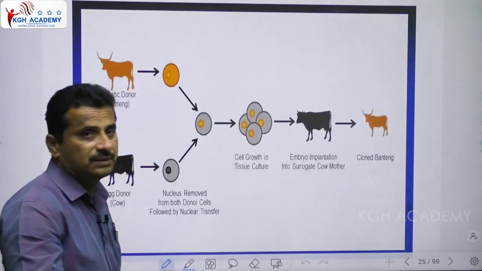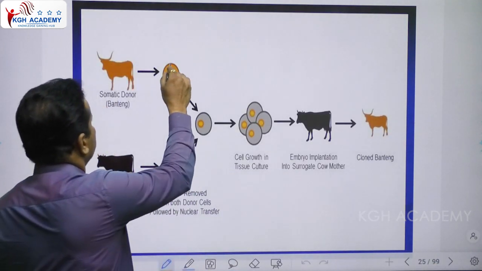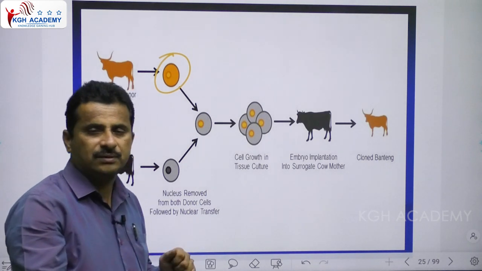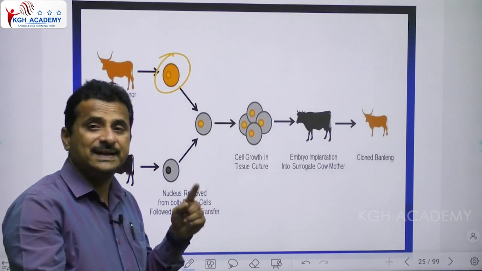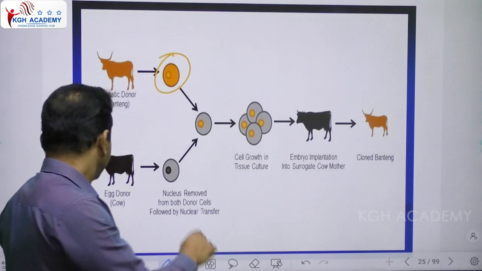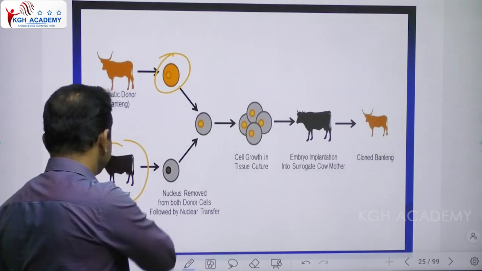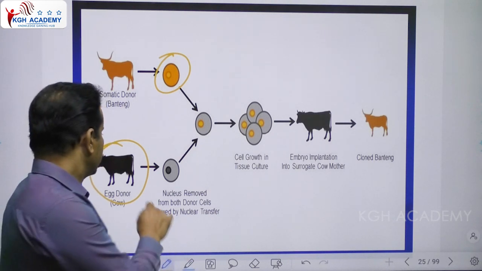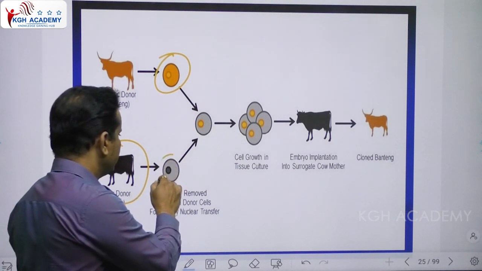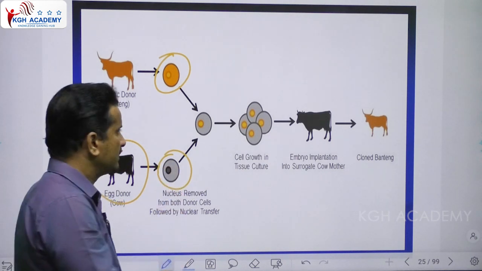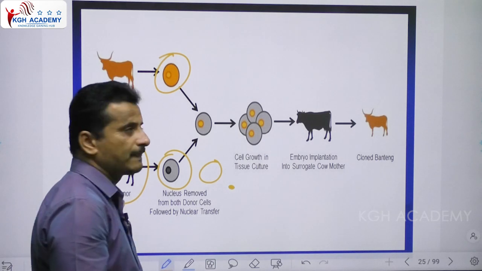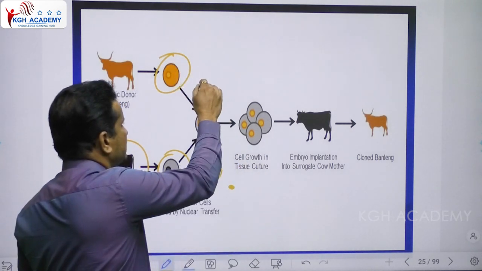Next, the same. Here you see the somatic donor. Somatic donor means nucleus donor. Here is the somatic cell nucleus donor, and next, the egg donor, a cow. Here they took this egg with its nucleus, then separated this nucleus, and the somatic cell nucleus was separated.